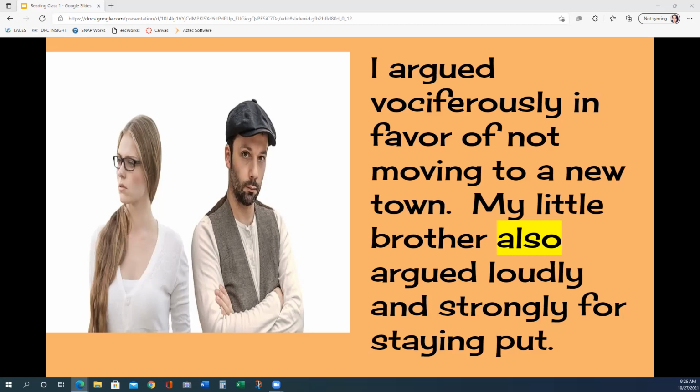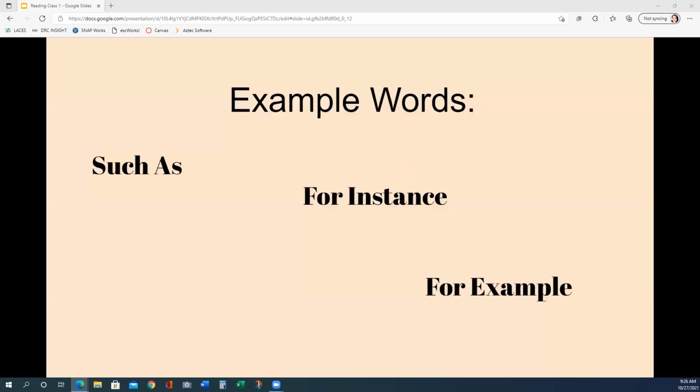Yeah, they do. Good. So it's just looking for those key words, such as also. Okay. Some other comparison words that give us clues to look for are such as, for instance, and for example. Okay.